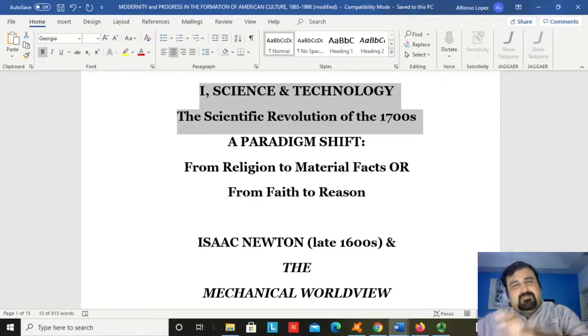During the 1700s, what happened is that people began to develop new ways of studying the world, new ways of studying nature, and to find out how nature works. And during the 1700s, there was a scientific revolution that replaced one science that had been used for many centuries, particularly in places like Europe.